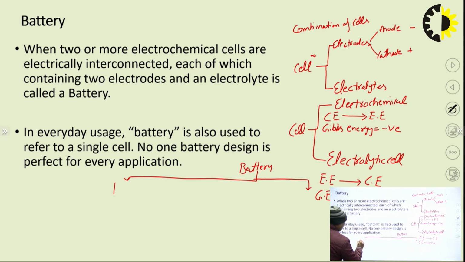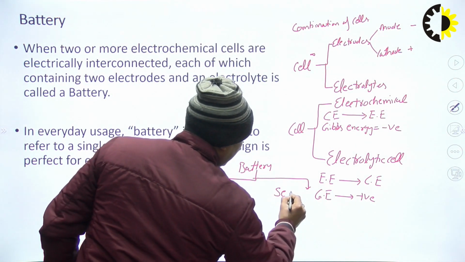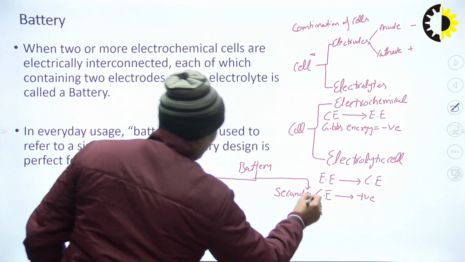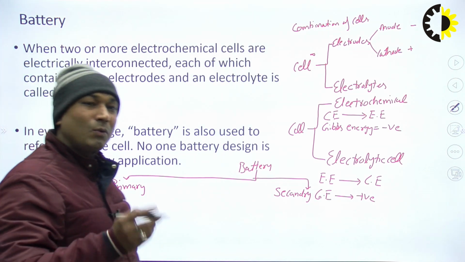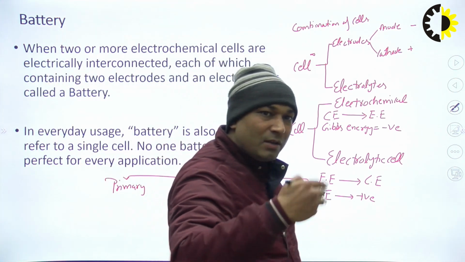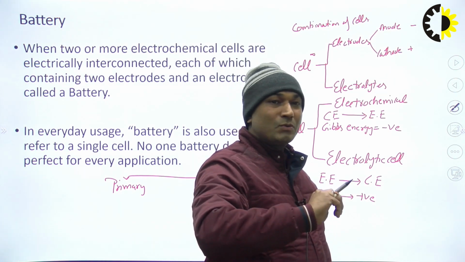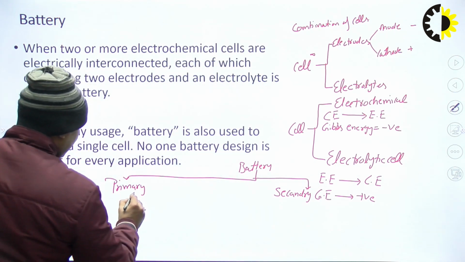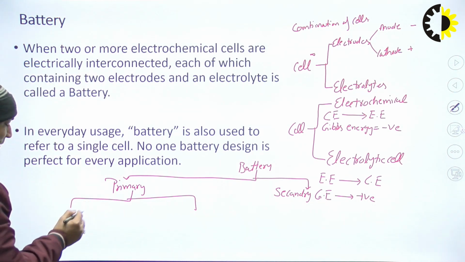One is the primary cell and another is the secondary cell or secondary battery. So primary batteries are those batteries which cannot be recharged, the use-and-throw type of battery. This primary battery is further divided into two parts.